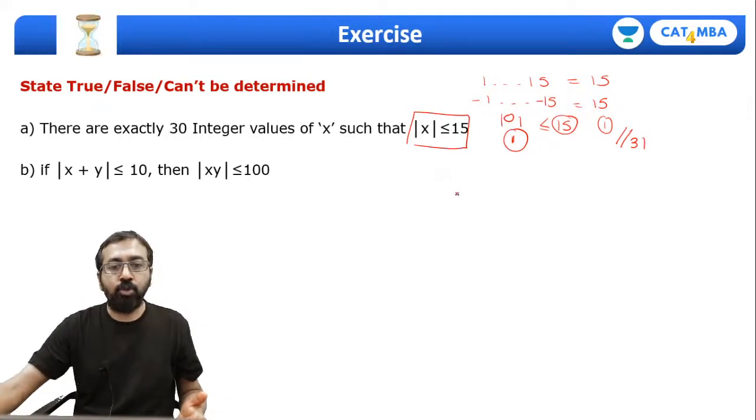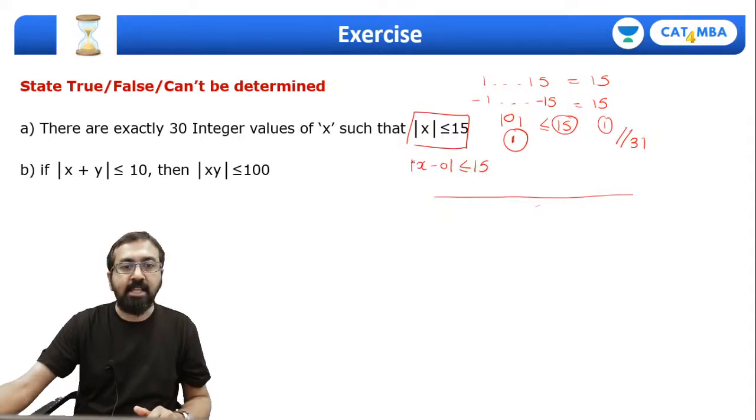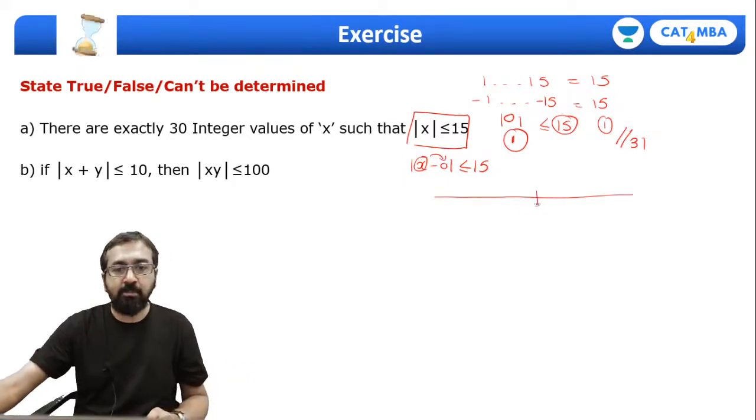In fact, if you want to check it once again, you can think of it this way. This can be considered as mod of x minus 0 should be less than or equal to 15. That means x can take any value whose distance from 0 is less than or equal to 15 units. So let me put 0 over here on the number line. Now, if I take any number up to 15, their distance will always be less than or equal to 15.